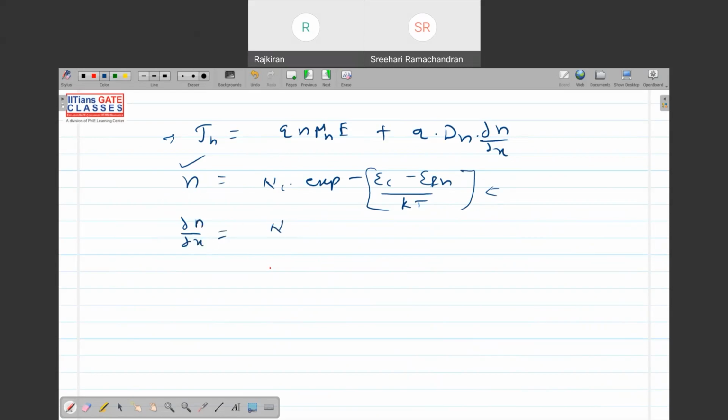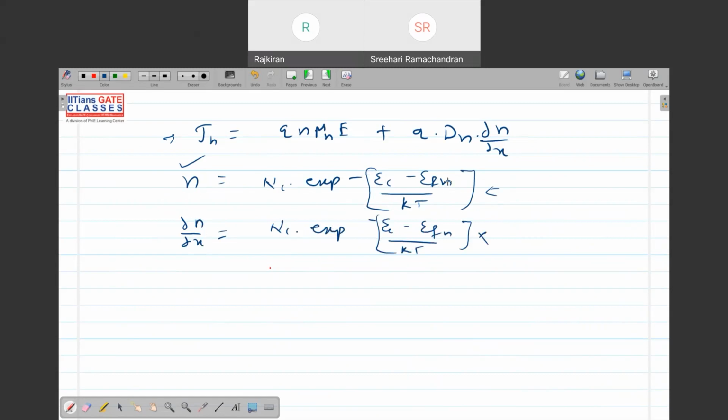Then what is dn by dx? It is equal to Nc into the exponential, which is the same as this one, of (Ec minus EFn) by kT, into the derivative of the inside term.